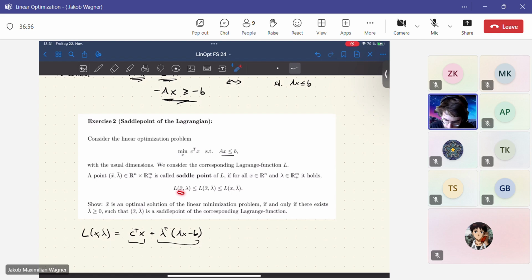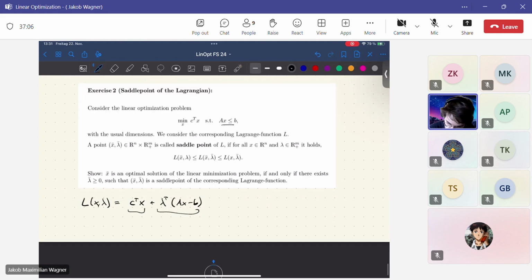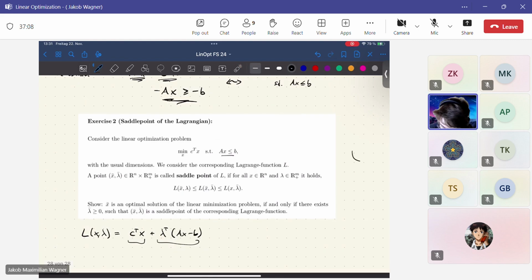And if we fix the x bar, then inserting any other lambda makes the value of the Lagrangian smaller. Because this reminds us of this function where we have increase in one direction and decrease in the other direction, this is called a saddle point.